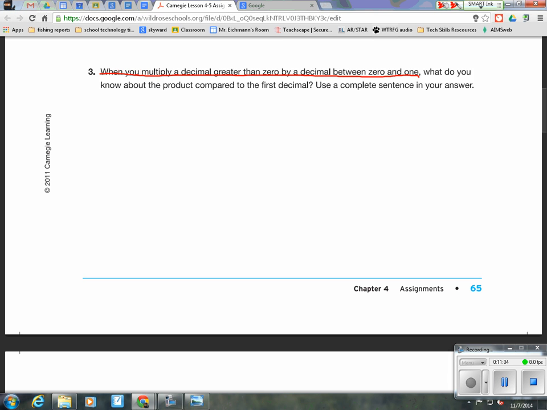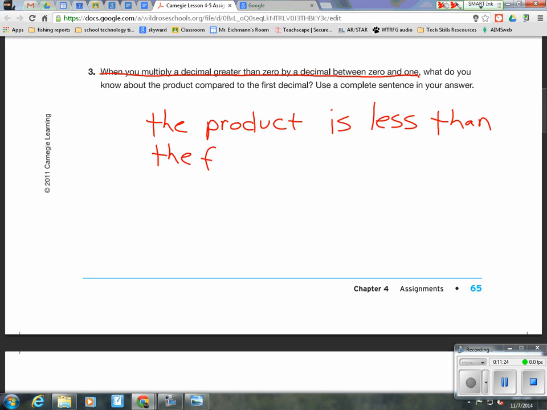When you multiply a decimal greater than 0 by a decimal between 0 and 1, the product is less than the first decimal. Period.